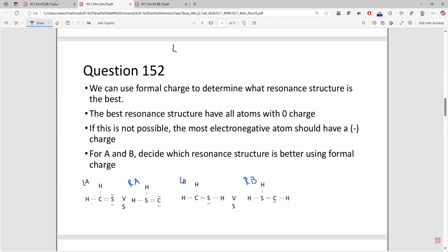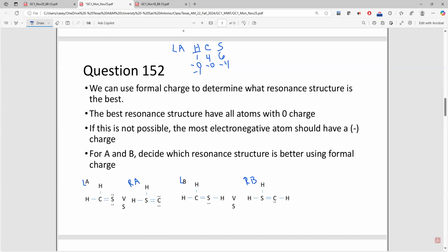So left A, we have hydrogen. The hydrogens are the same, so I'm only going to do that for one of them, carbon and sulfur. So number of valence electrons in hydrogen is 1, carbon is 4, sulfur is 6. No lone pairs on hydrogen, no lone pairs on carbon, 4 on sulfur. 1 bond for the hydrogen.